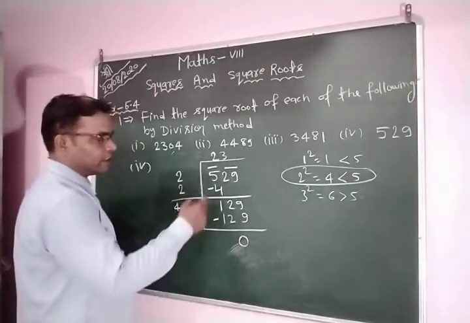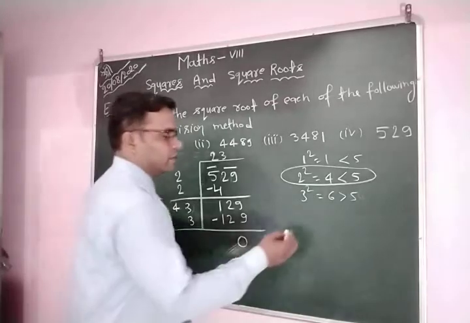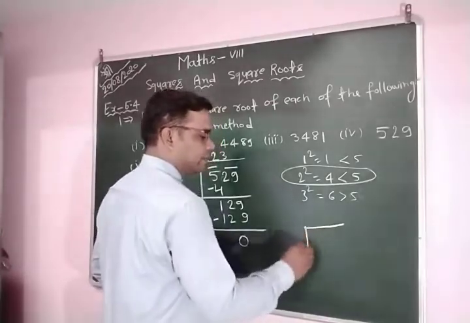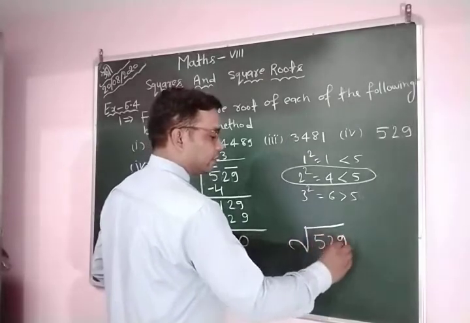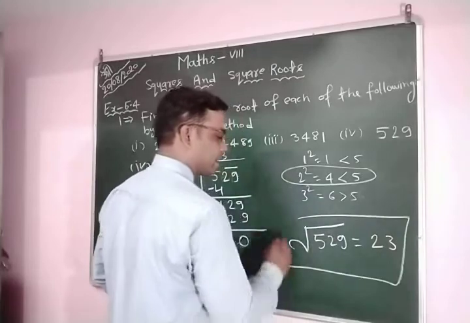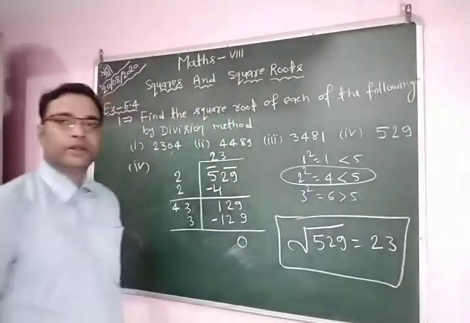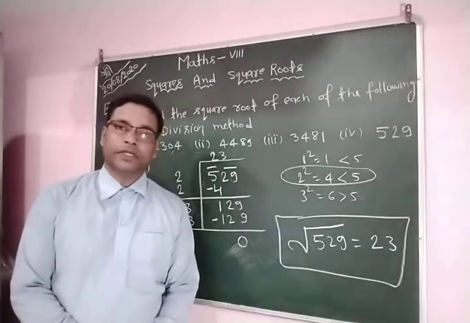So it means that the square root of 529 is 23. So you can write here the square root of 529 is equal to 23.